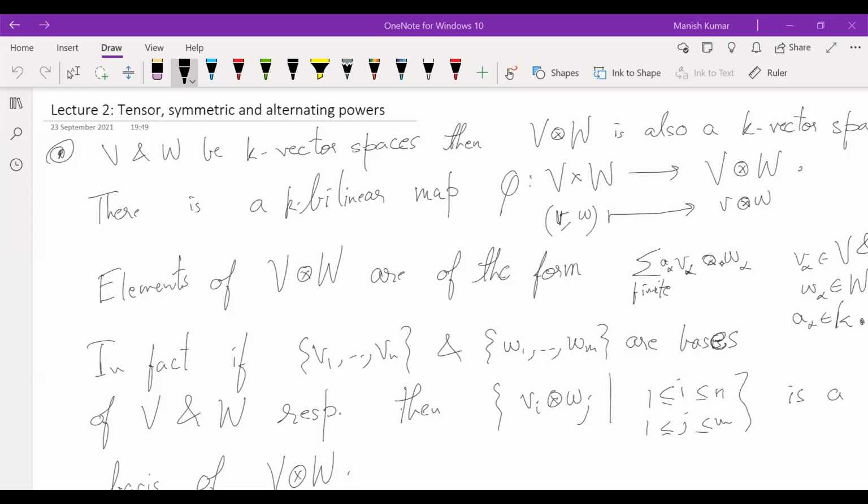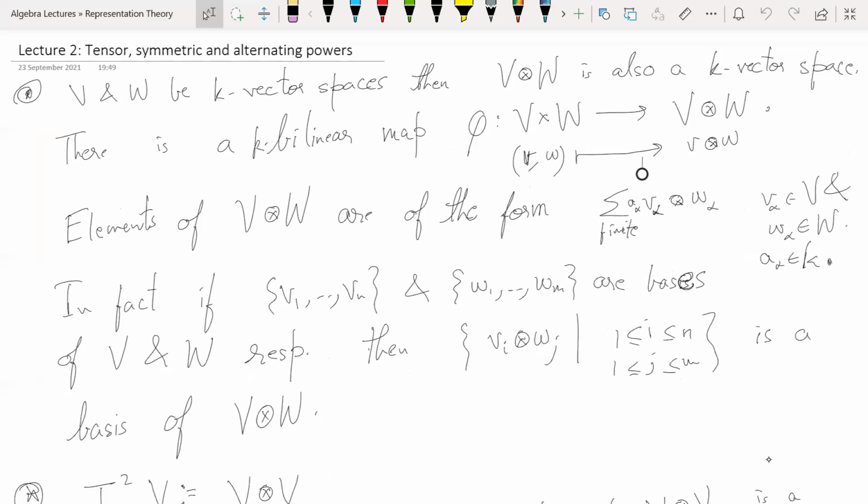Okay. So last time we talked about tensor product of modules, but when you specialize to vector spaces, you can think of them more concretely.